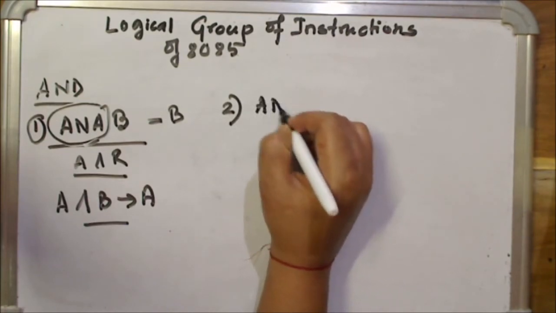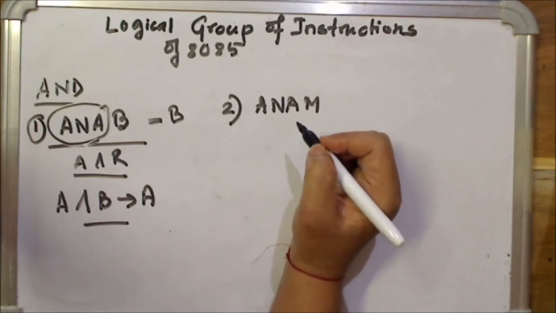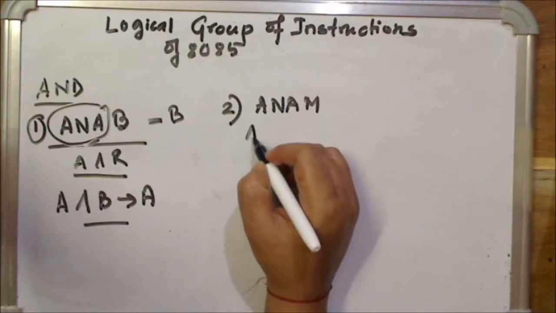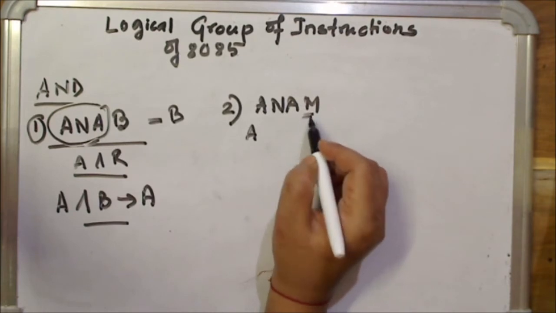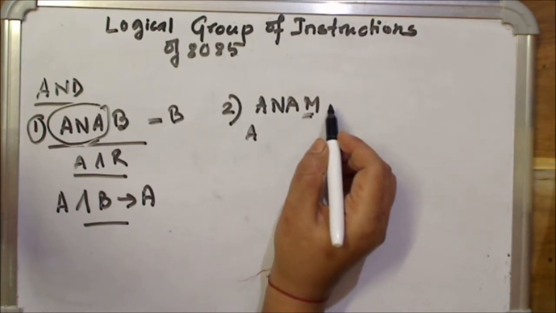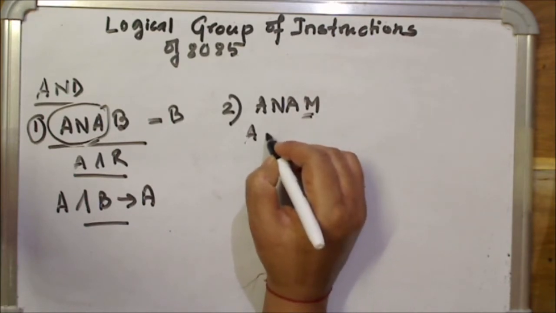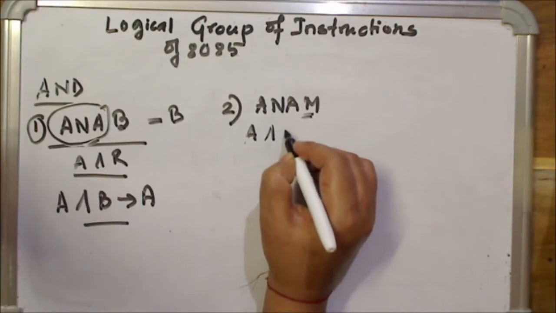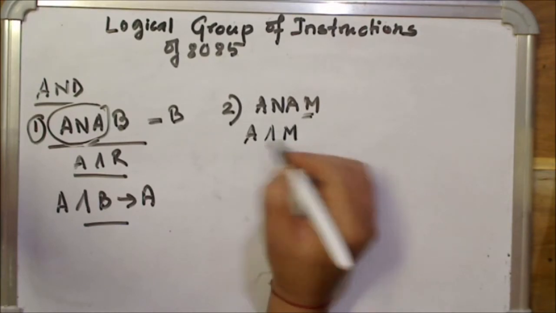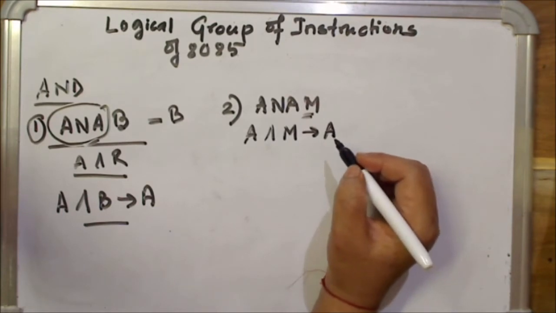Next instruction is ANA M. So what does this instruction mean? I hope by now all of you know what is M. M is the content of memory location pointed by HL register pair. So the contents of accumulator will be ANDed with the contents of memory location pointed by HL pair, and the 8-bit result will be stored in accumulator.